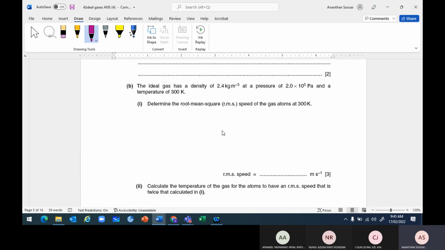Pressure given, temperature given, density given.